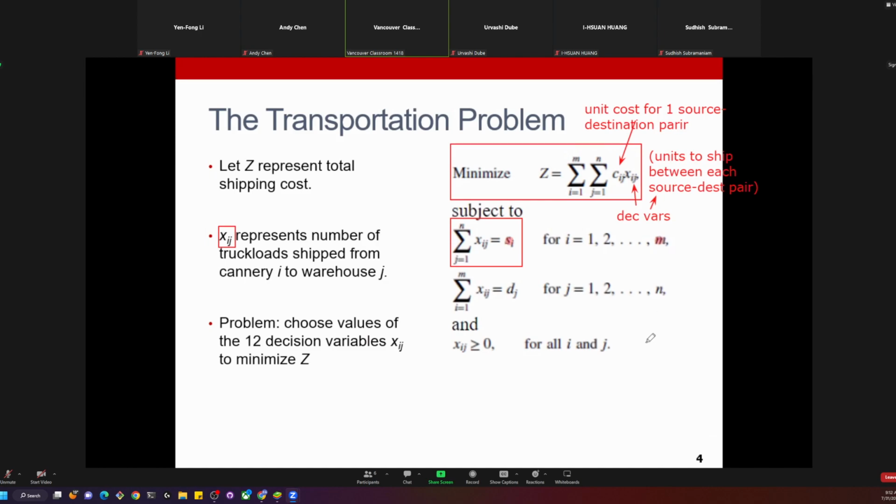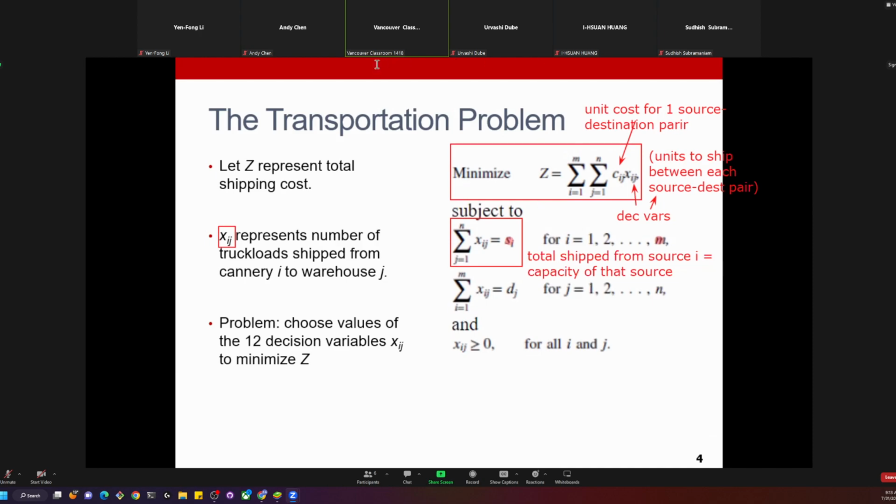If you add all of them together, that's going to give you the supply for that particular canary. What's the maximum that can be produced out of the canary i. The total shipped out of that source or canary must be equal to the capacity of that source.